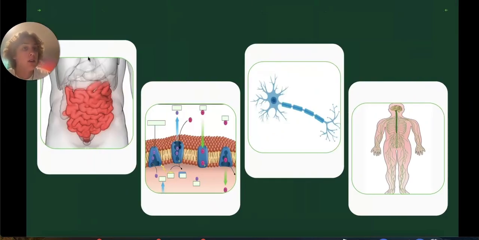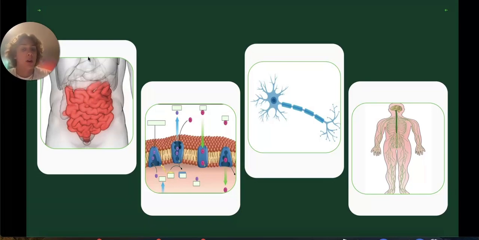So the body uses many different branches to help regulate the absorption and digestion of nutrients within itself. Today we'll be discussing 4 types that we also discussed in class, those being how the small intestine regulates the absorption of nutrients, how the sodium-potassium pump helps facilitate the absorption of nutrients.